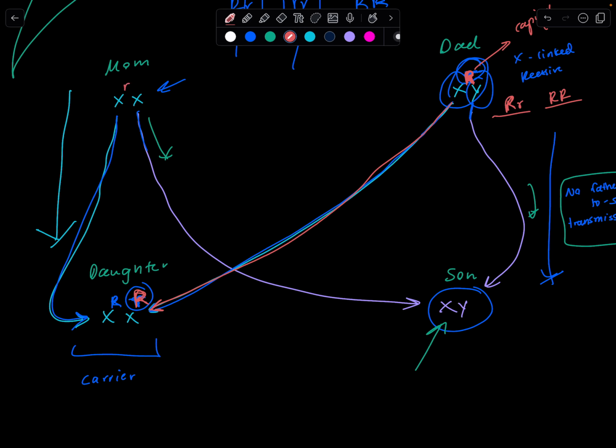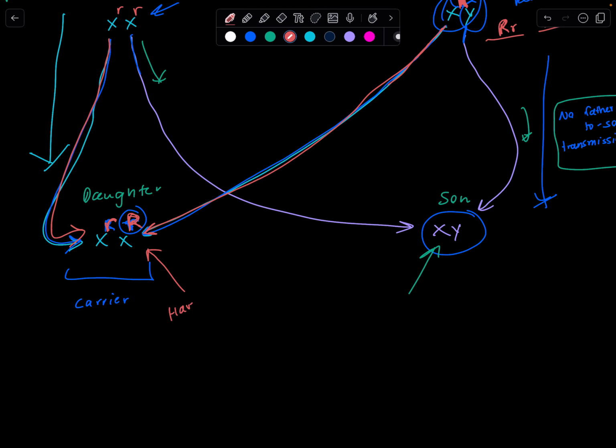Since the mom is normal, we're just going to give her lowercase r's, and we're going to get a lowercase r from the mom. So even though we got the normal X chromosome from the mom, we got a mutated one from dad. And because it is X-linked dominant, the daughter will have the disease.